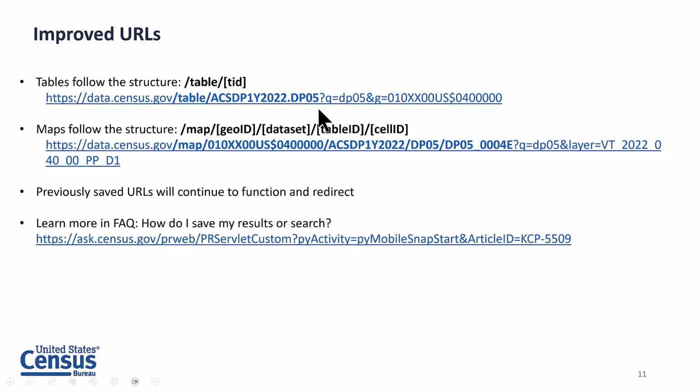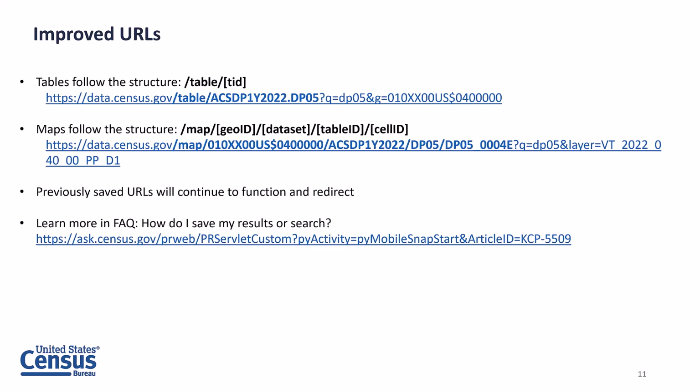Similarly, we also updated the URL structure for maps. So when you visit a data.census.gov URL for a map, it will begin with map/GeoID/dataset/table ID/cell ID. The GeoID are the characters that represent the geographies that you have selected and that are shown on your map.